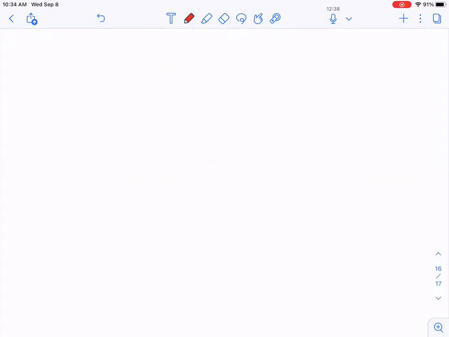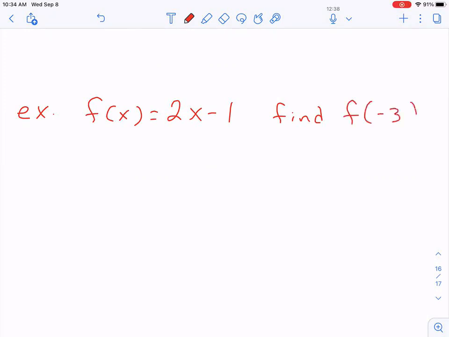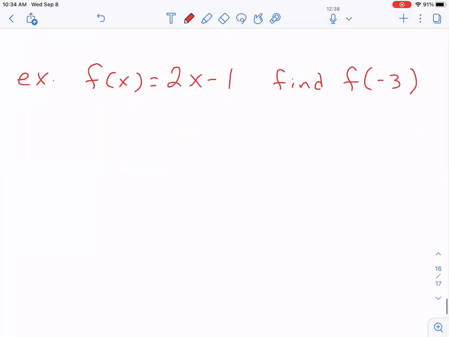Now, let's say we said that f of x is equal to 2x minus 1, and we want to find f of negative 3. Okay, so f of x equals 2x minus 1, find f of negative 3.